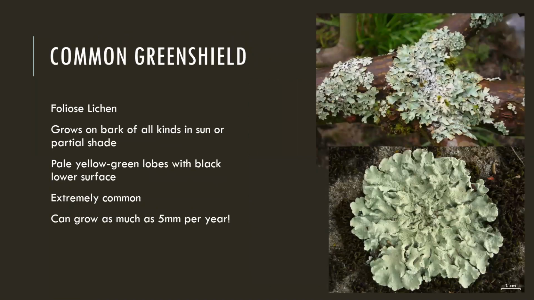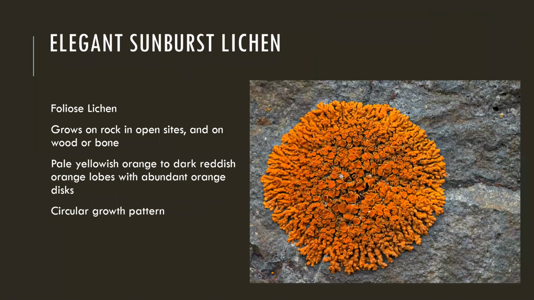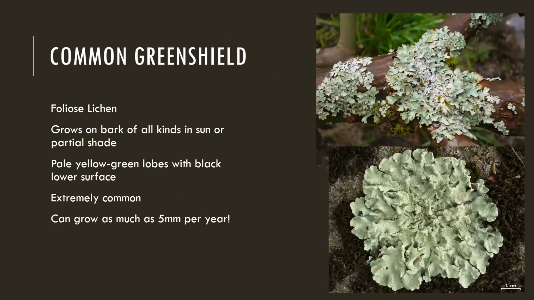Common green shield. So this, like I said before with the Cumberland rock shield, I will bet you $100 it'll be on a tree in your yard. This is everywhere. So most of the lichens that we'll see tomorrow are going to be the common green shield.